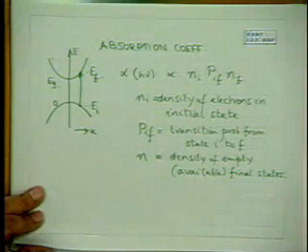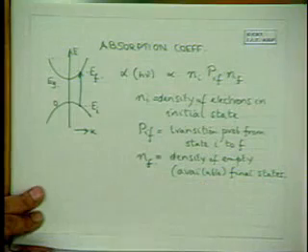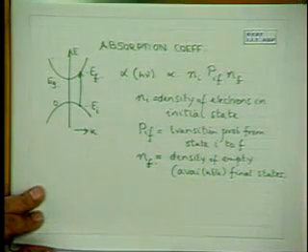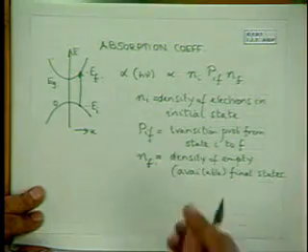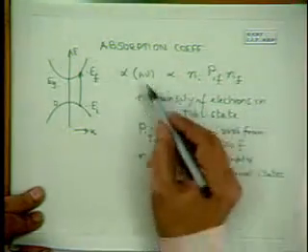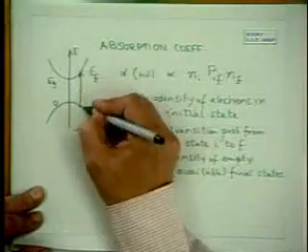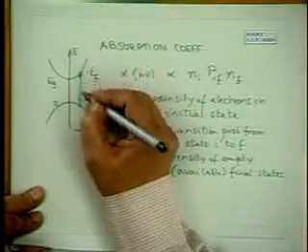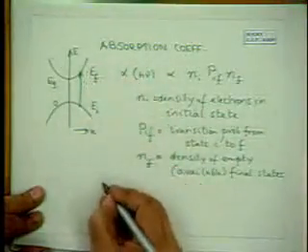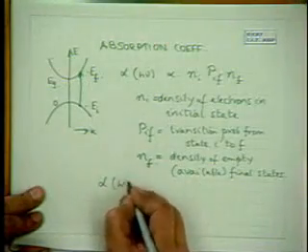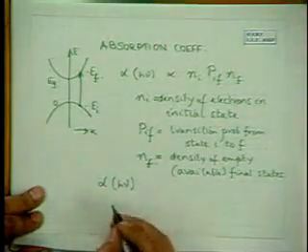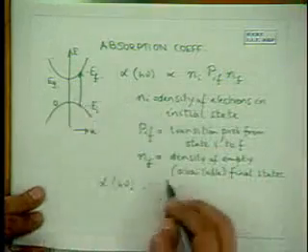Now, in order to calculate the total absorption coefficient, obviously we have to take summations of this, because we can have transitions between states which are just separated by h nu.